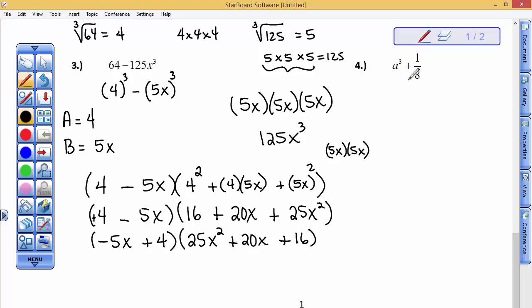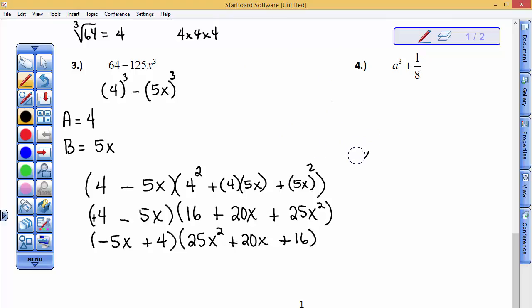So let's go to a cubed plus 1/8. And for the time being, I'm going to erase a little bit of this because you caught this from previously in the video. So the letter a is the letter that is cubed in order to get a cubed. So 1/8, how do you write that as a fraction to the third power?